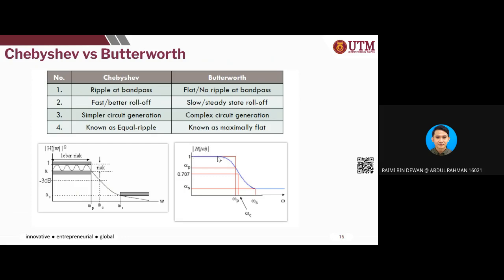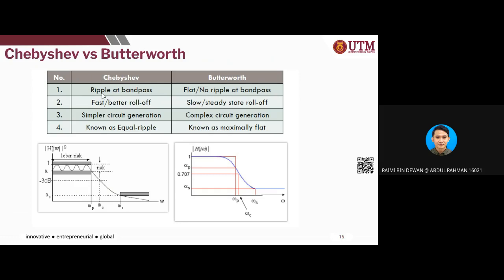Number two, Chebyshev has the benefit of a fast or better roll-off compared to Butterworth. Butterworth has a much slower, or steady, roll-off.